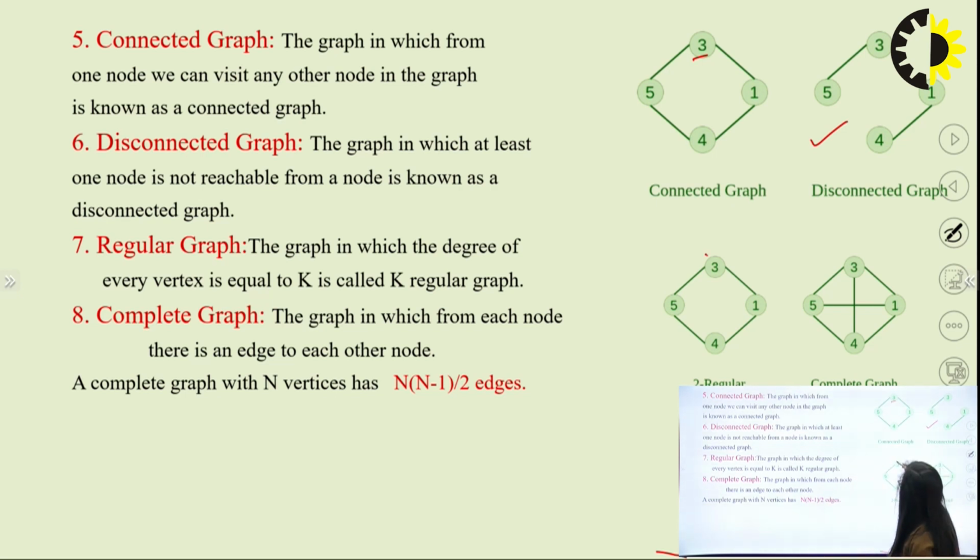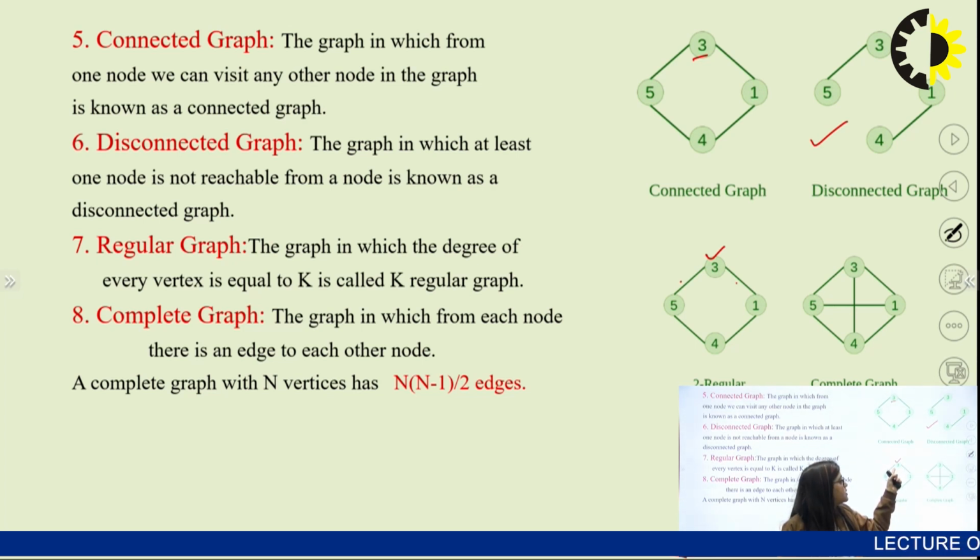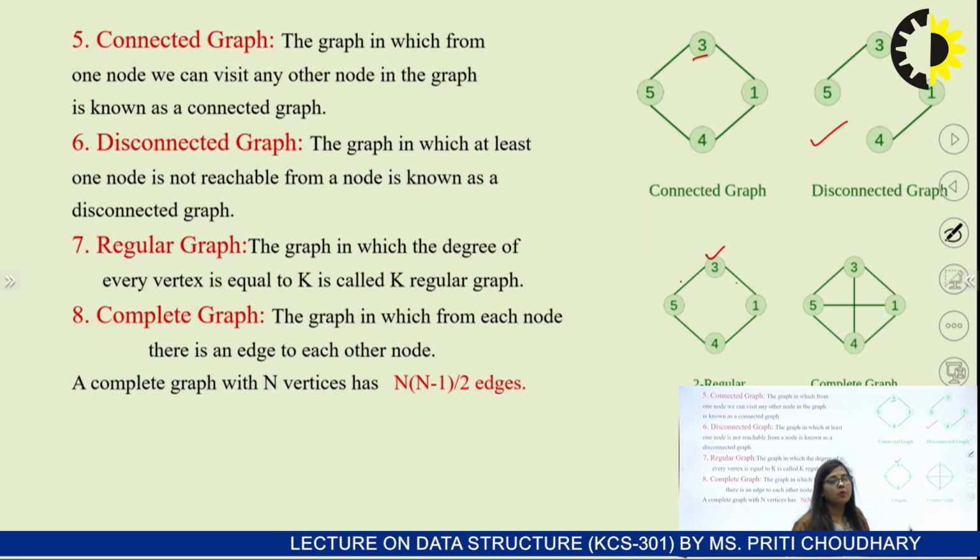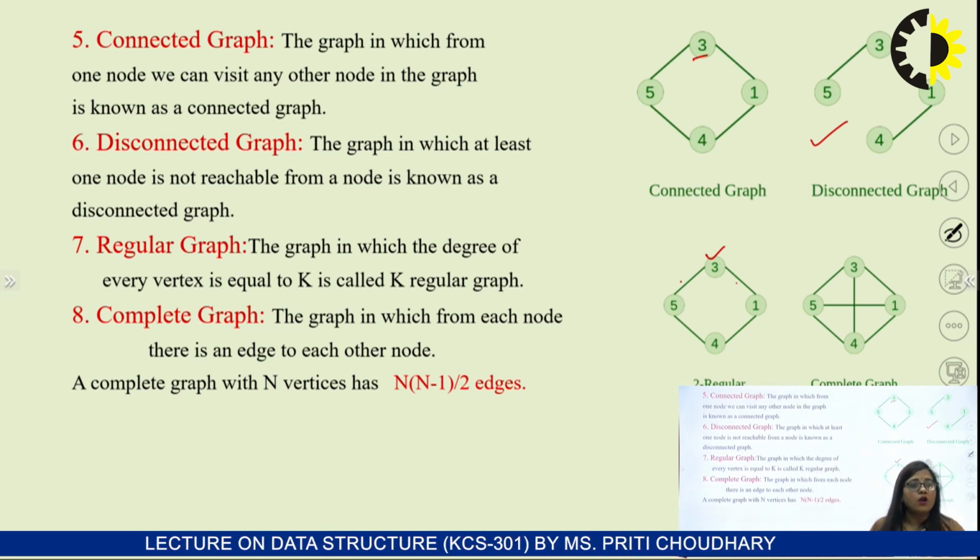Let's suppose vertex 3. How many edges are connected to 3? 1 and 2. So the degree of vertex 3 is 2. Same for 1, degree 2; 4, degree 2; and 5 also has degree 2. Now I tell you what a regular graph is.